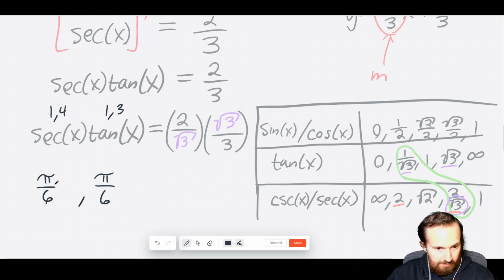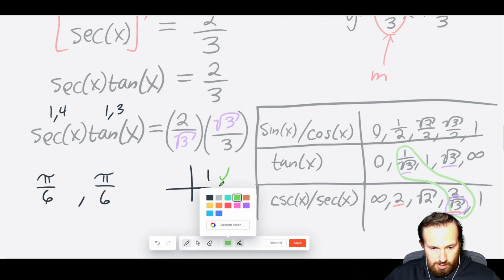So check, we found that. Pi over 6 is the value in the first quadrant that would make that happen. In the fourth quadrant, cosine would be positive, but tangent would be negative. So positive times a negative would be a negative, so that's not what we want. So quadrant 1 we already took into account. Quadrant 4 we would have cosine or secant positive but tangent negative, so we don't want that.